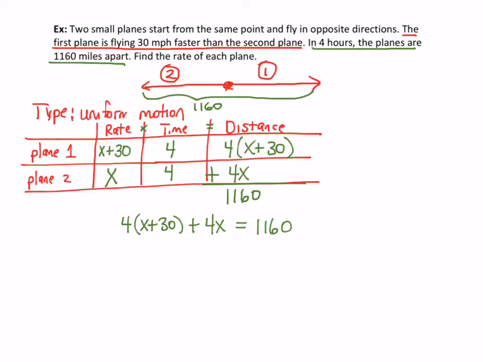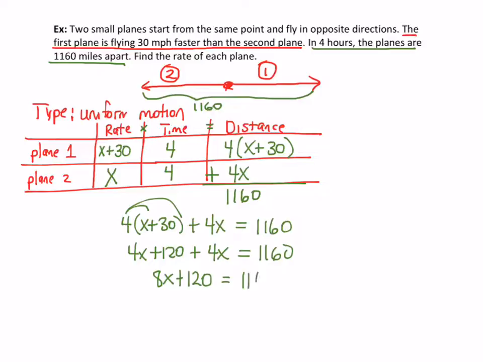Now we have an equation that we just solve. So 4x plus 120 when we distribute the first parentheses equals 1,160. That gives me 8x plus 120 equals 1,160.